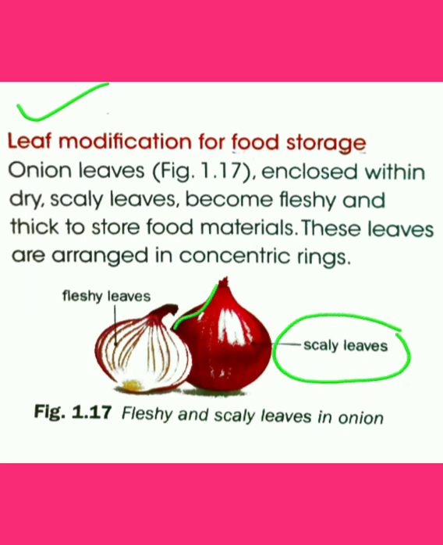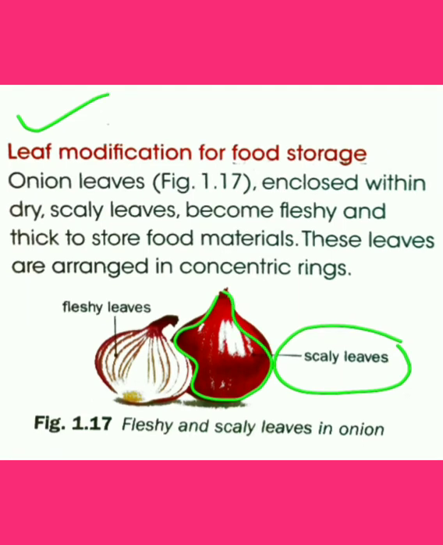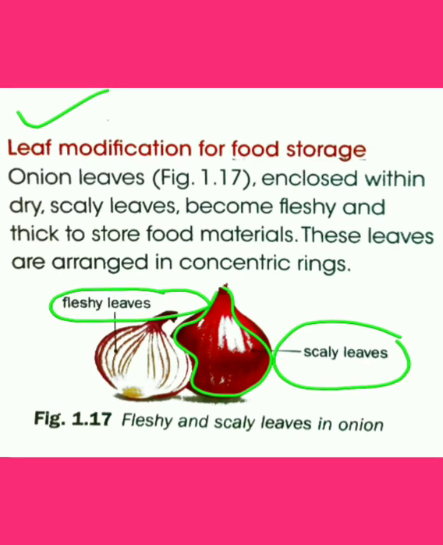This outer part is the scaly leaves, which is dry. And the inner one is thick and stores food, called fleshy leaves. These leaves are arranged in concentric circles. Here you can see this part is called the concentric circle.